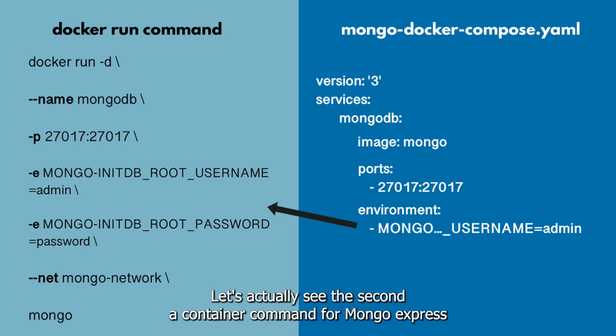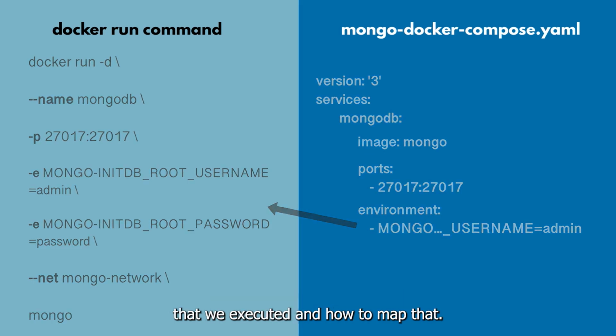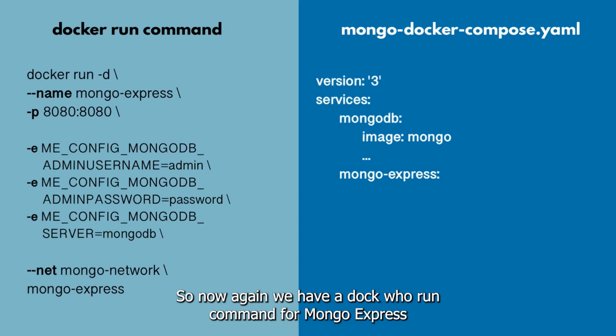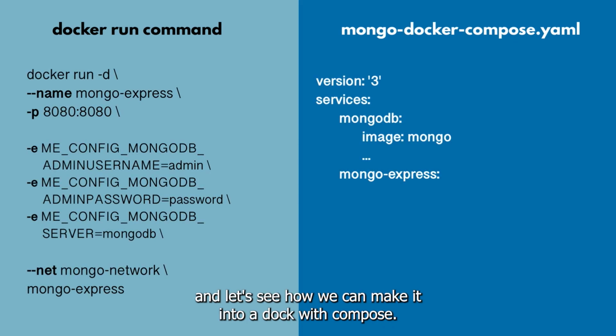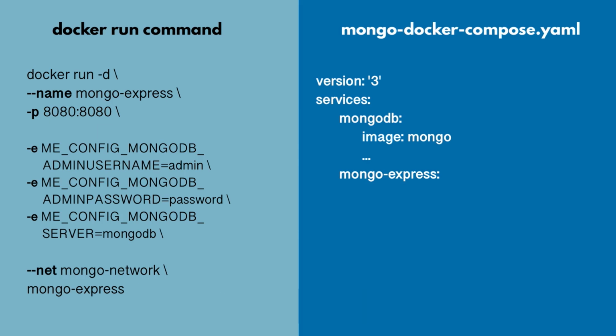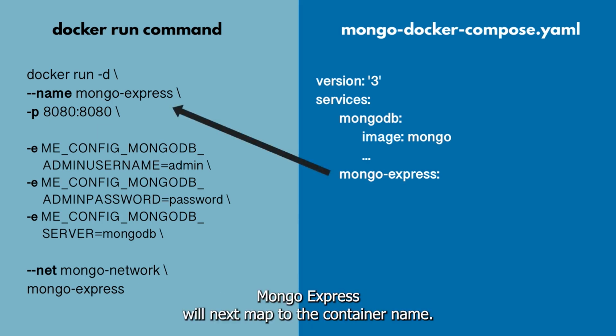Let's actually see the second container command for MongoExpress that we executed and how to map that. So now again, we have a Docker run command for MongoExpress, and let's see how we can map it into a Docker Compose. So as I said, services will list the containers that we want to create. And again, names, MongoExpress will map to the container name.